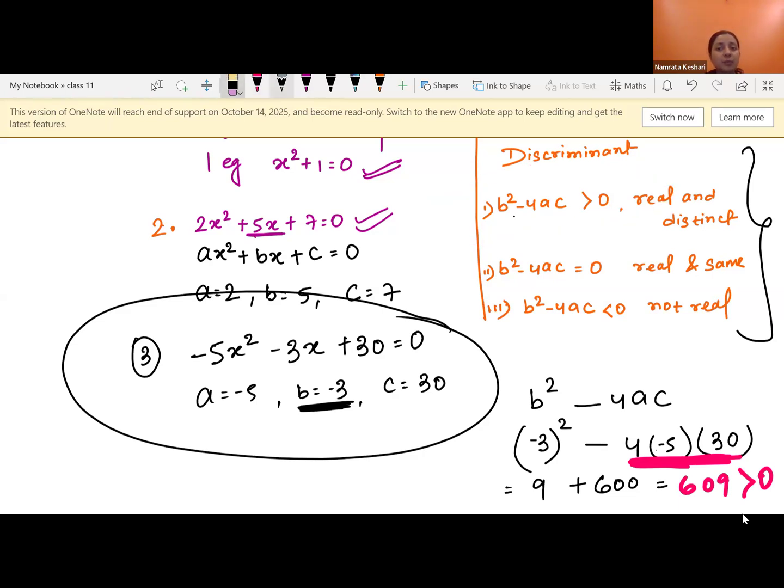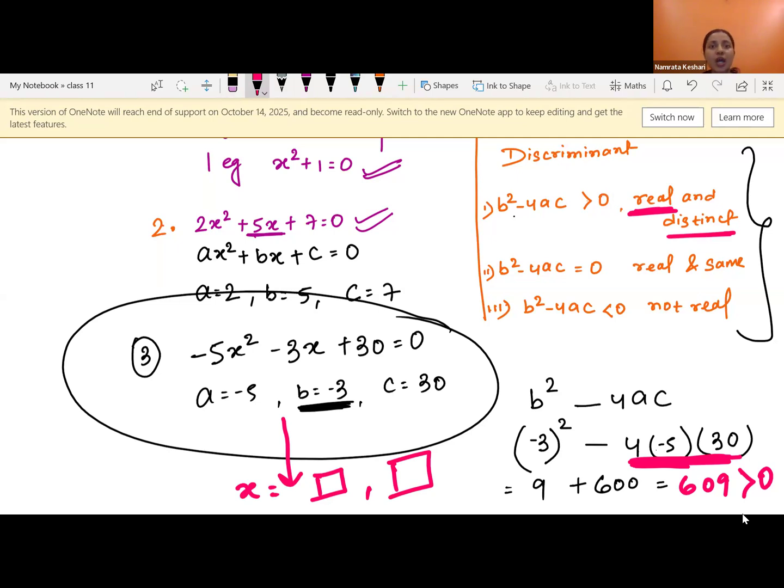Real means real number. Roots will be real and distinct, right? Distinct means both the roots are different. That means after solving this quadratic equation, there are two x values possible over here, and both are different from each other, and also both are real numbers.